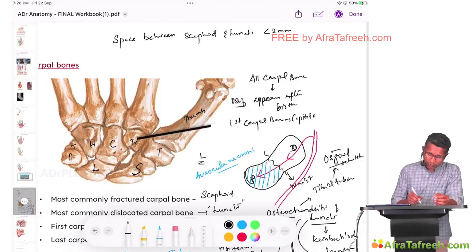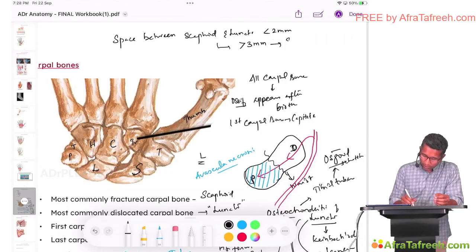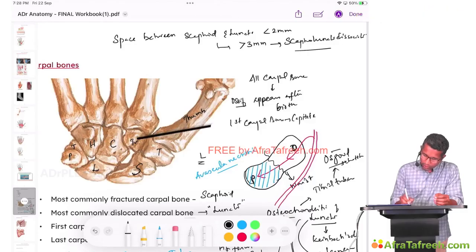If the space between the scaphoid and the lunate is increased by more than 3 mm, we call this condition scapholunate dissociation.